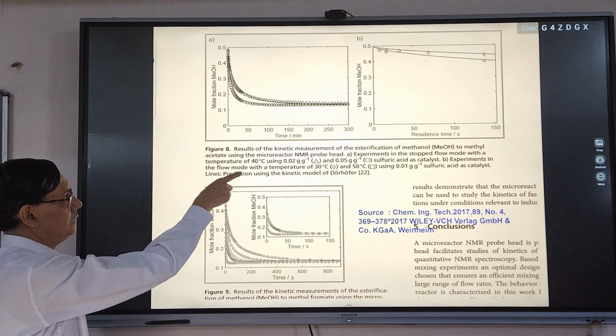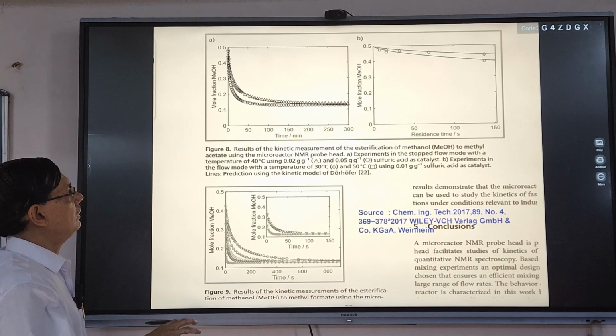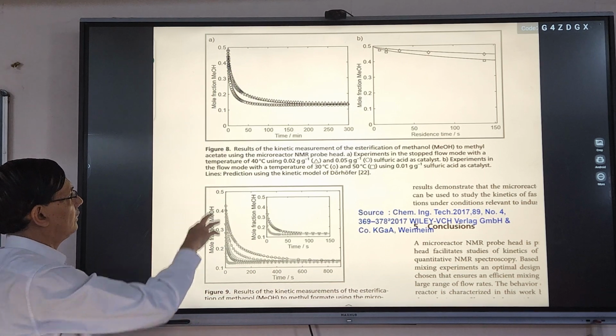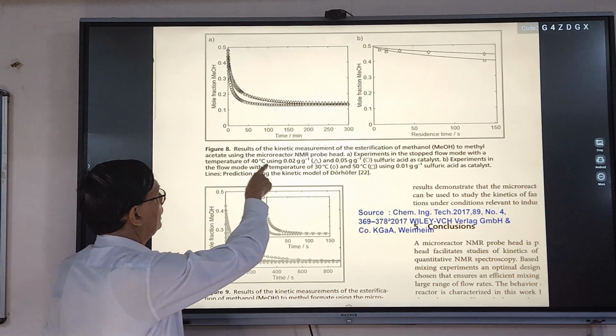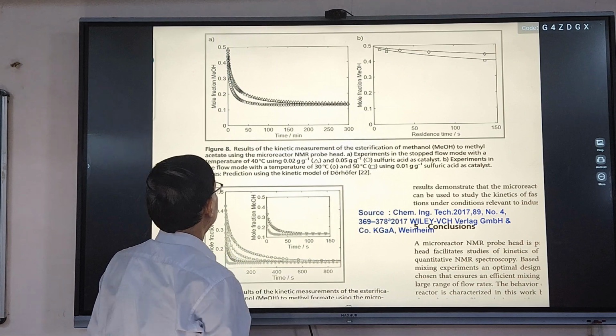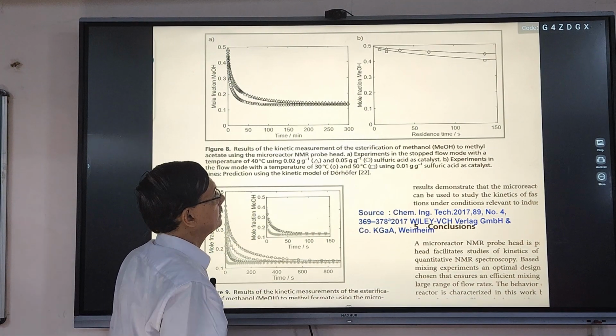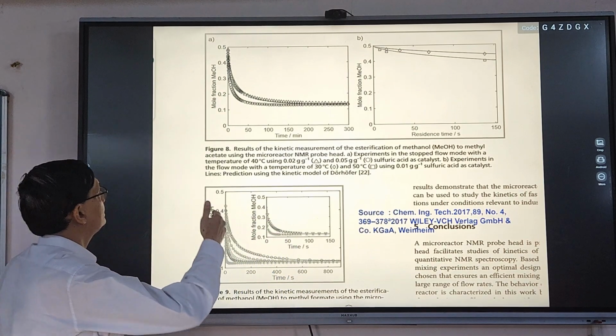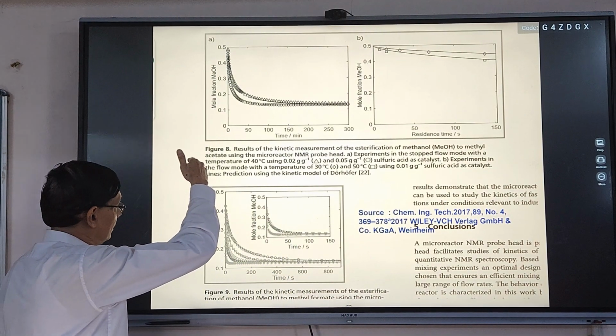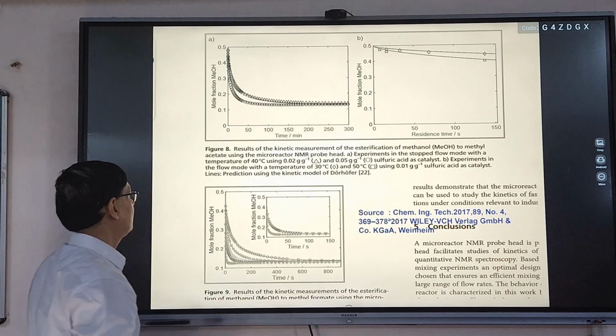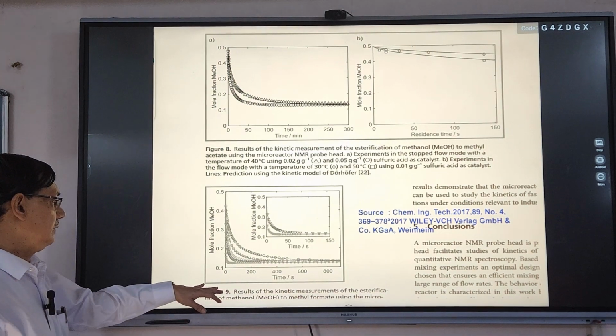But here they are using the esterification of methanol using a microreactor. You see the NMR probe head, sulfuric acid is the catalyst, temperature is 30 to 50 degrees centigrade, normal cases. Just like a normal system, you are getting some concentration with respect to time. Here it is also the same thing.